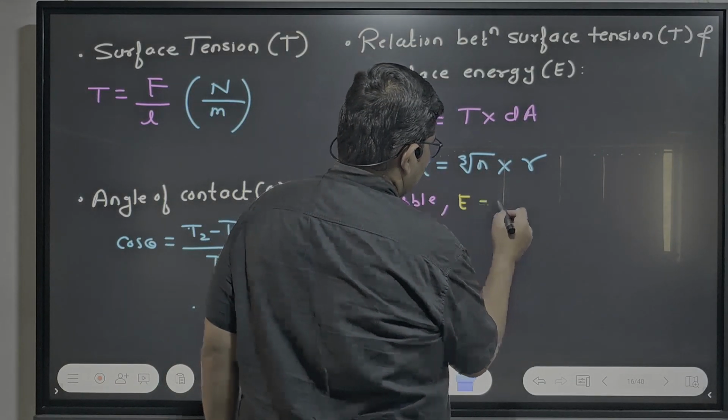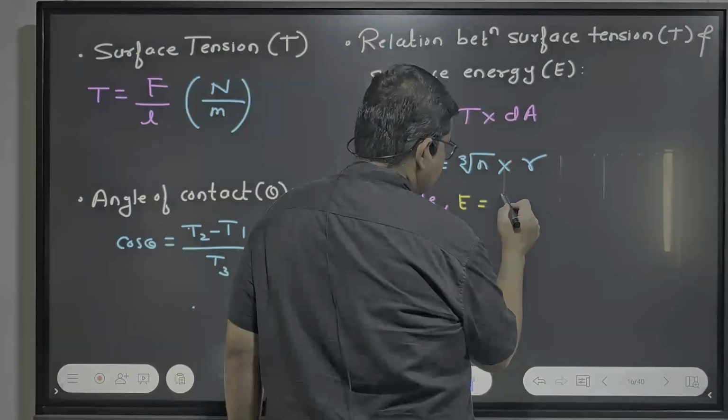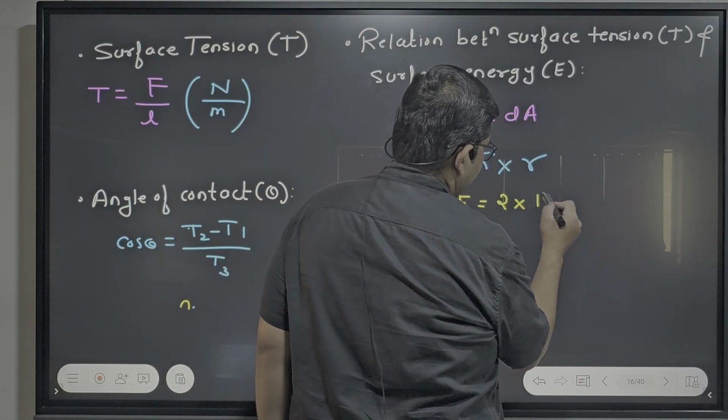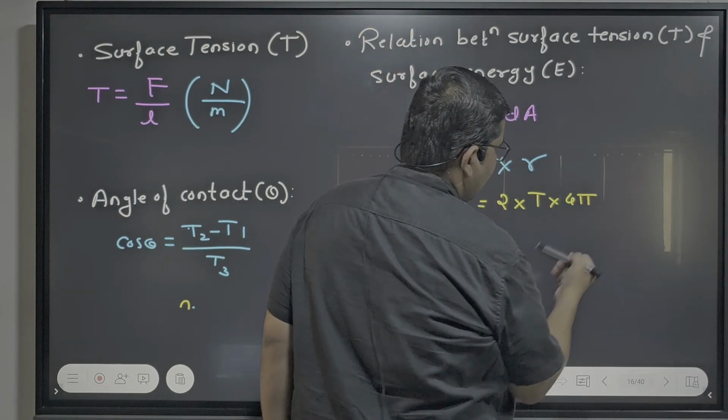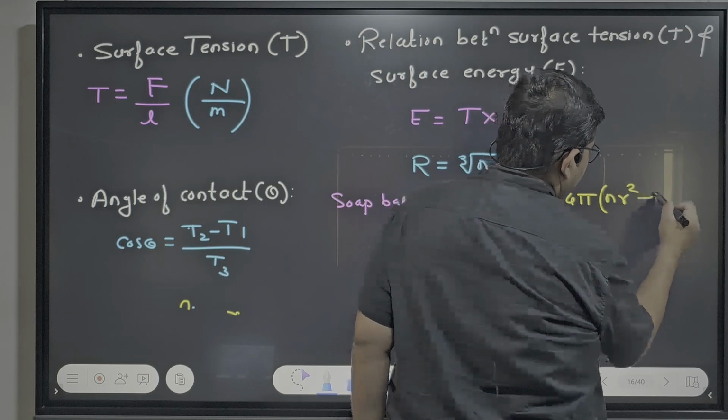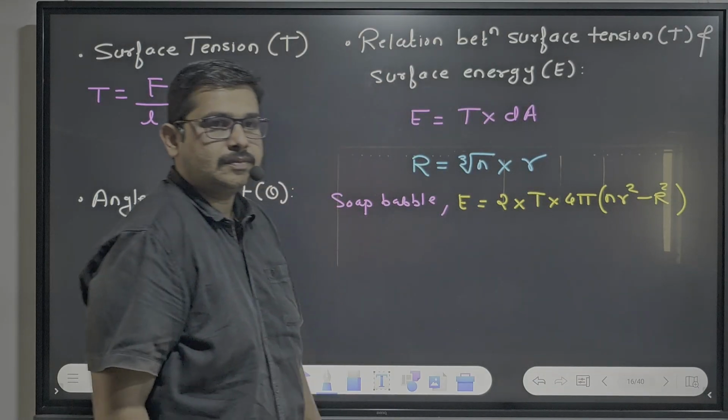That is E equal to 2 T into 4 pi (n r square minus r square), where the 2 is because the soap bubble has two surfaces and T is the surface tension.